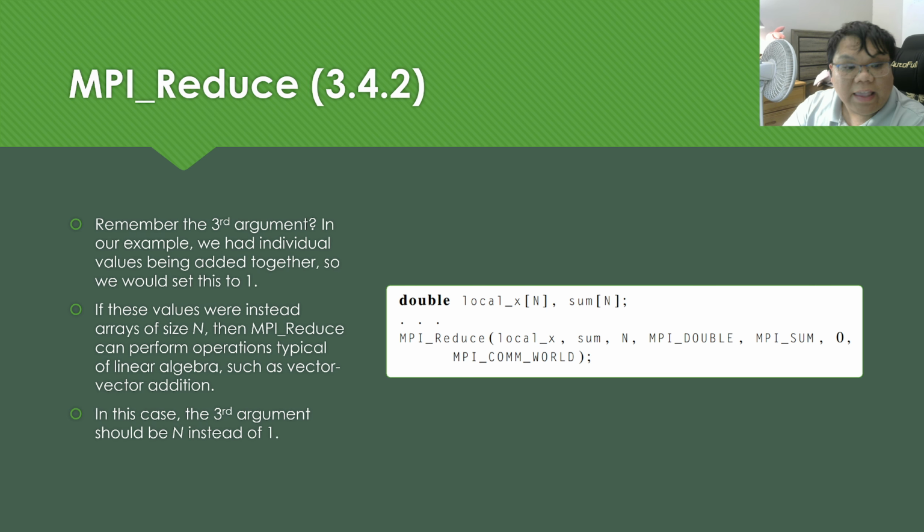If we set that to, say, n, where n corresponds to the size of an array, then MPI reduce can perform operations typical of linear algebra, so we can do stuff such as vector addition. So with one change, we can go from adding singular values to adding vectors.